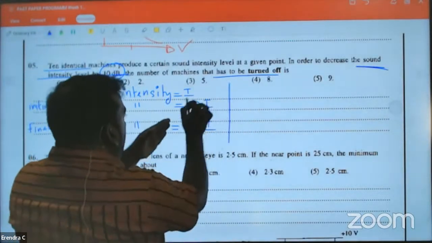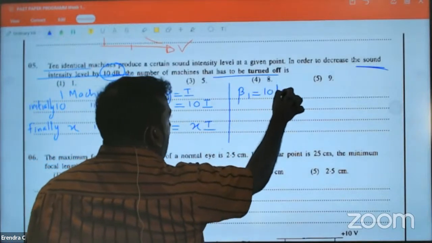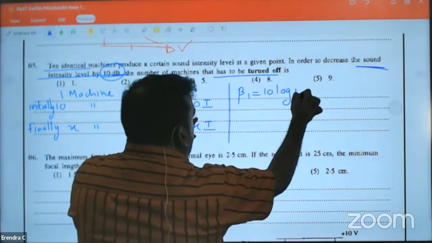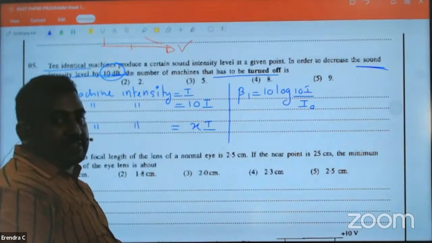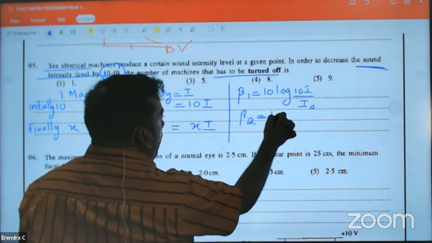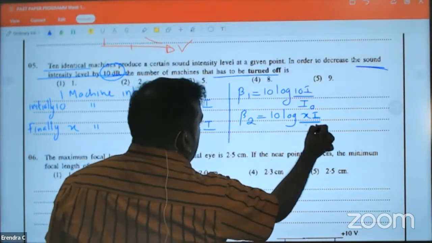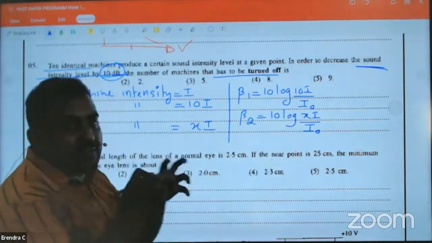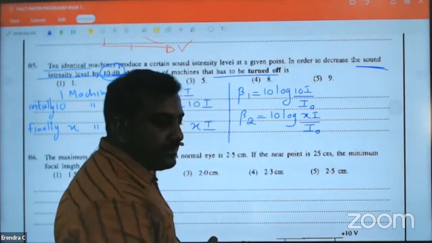Look at this. Higher intensity, higher beta. Beta 1 is 10 log of 10I over I0, where I0 is the reference intensity, normally the threshold of hearing.